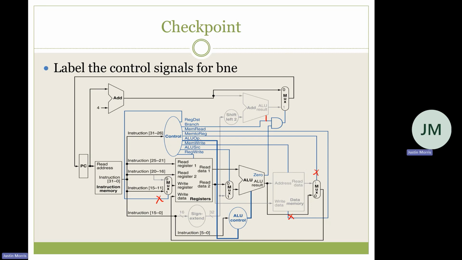Yep. ALU op. Yep. And then mem write. Has to be 0. ALU source. And then reg write.